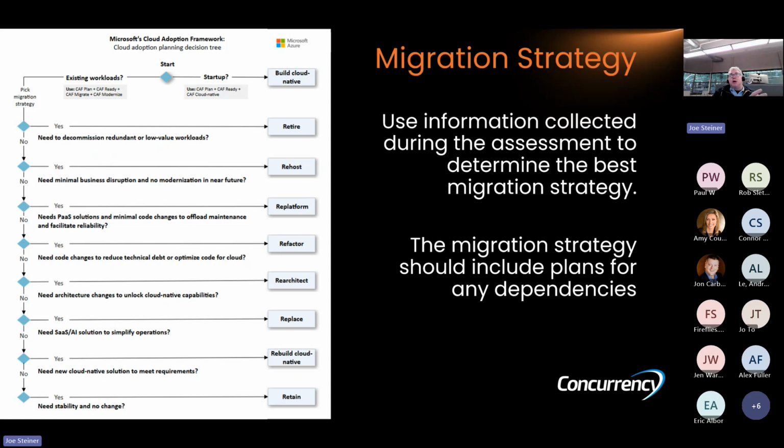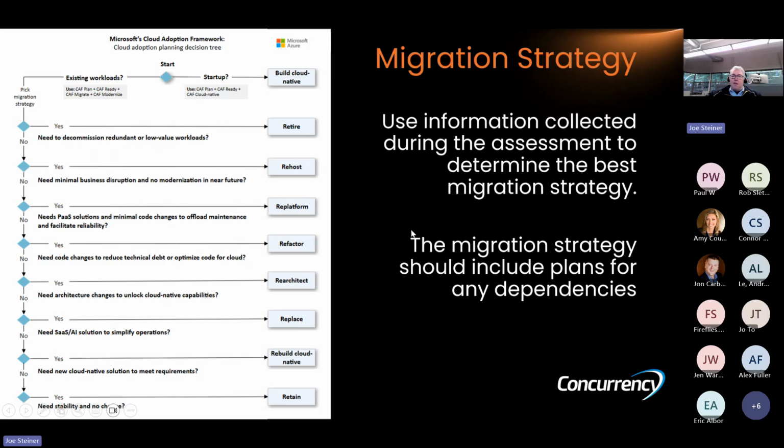Especially if you're talking about migrating a number of things in, this might be, hey, I'm going to retain this right now where it is. Let's move the other workloads that I need first, and then this might be something that we address at a later date.